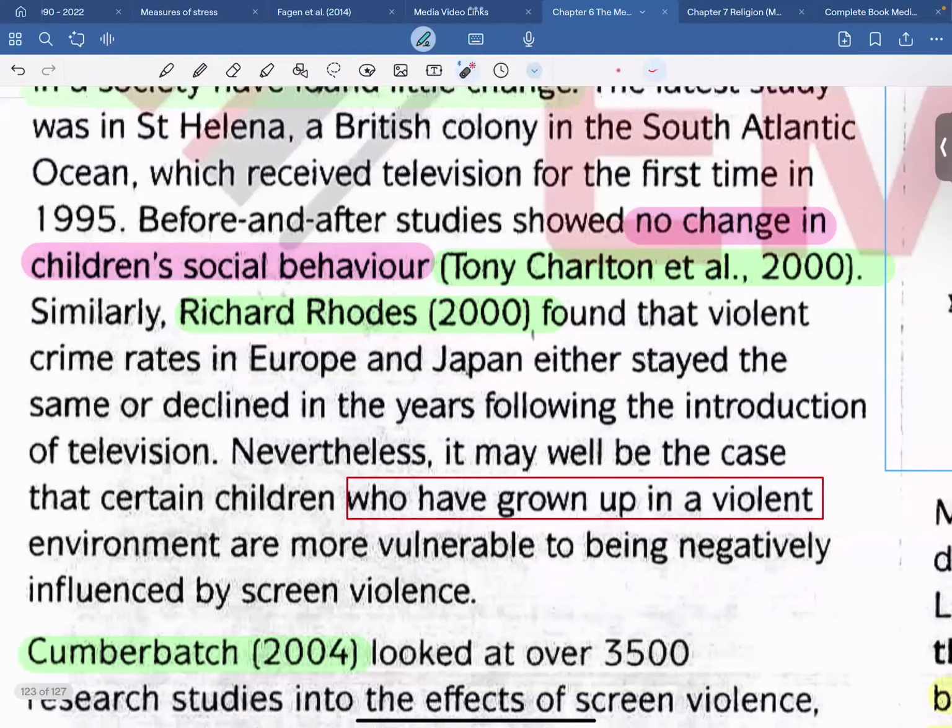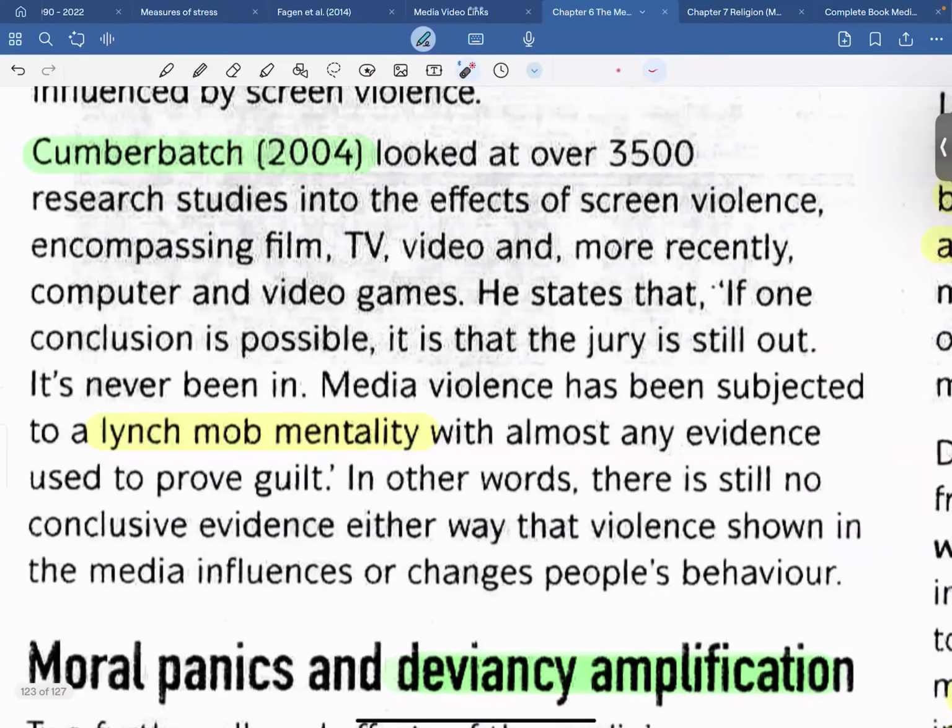Now, taking this ahead, another point is this idea of lynch mob mentality, initiated by Cumberbatch in the year 2004. Cumberbatch looked at over 3,500 research studies into the effects of screen violence, encompassing film, television, video, and more recently, computer and video games.